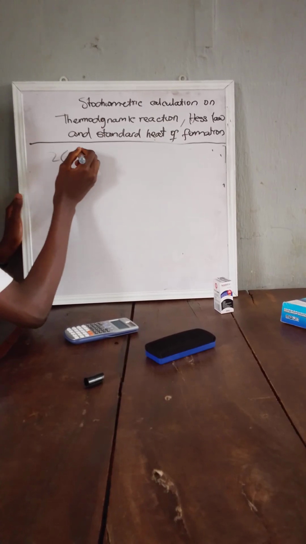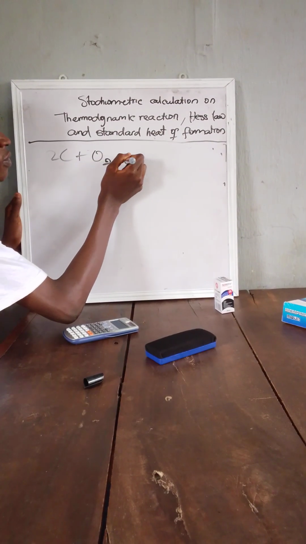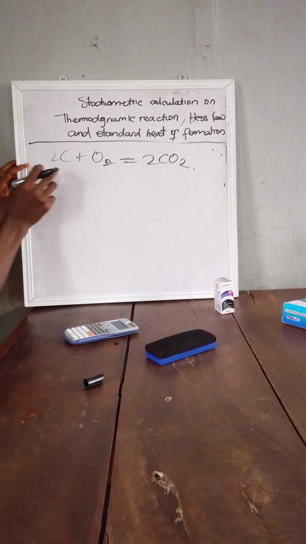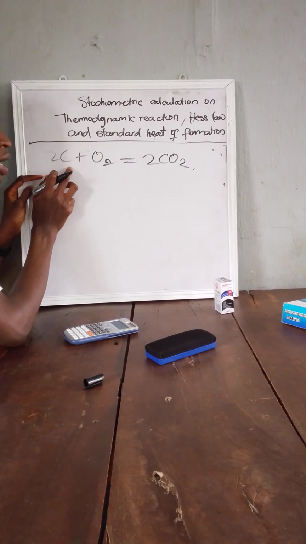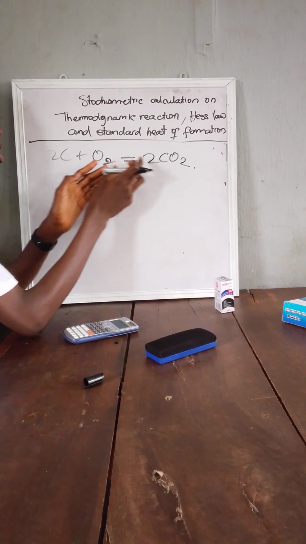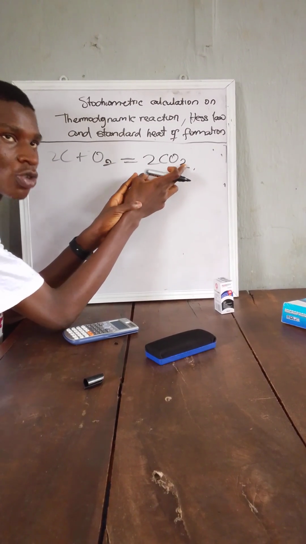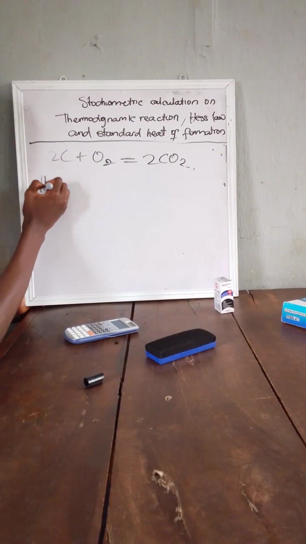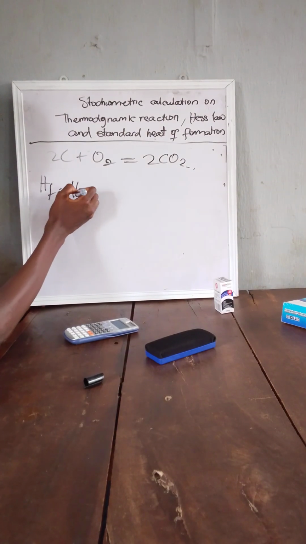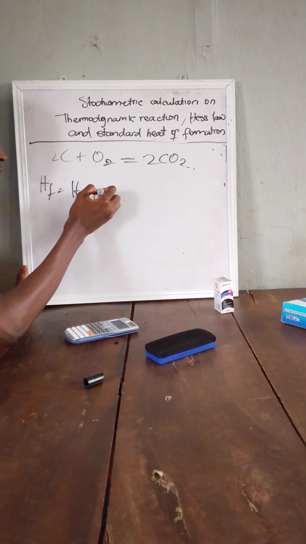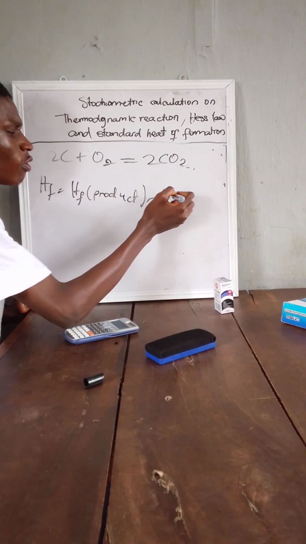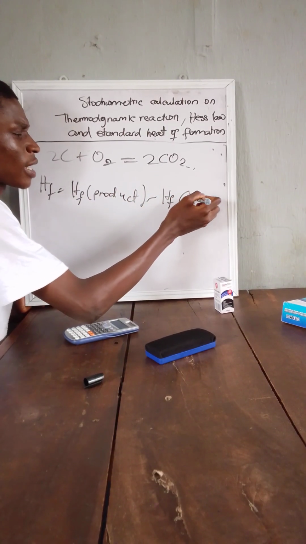If I have 2C plus O2 to give me 2CO2, I'll be given the enthalpy of each of these. So for me to calculate my standard heat of reaction, it will be equal to the heat of formation of the products minus the heat of formation of the reactants.